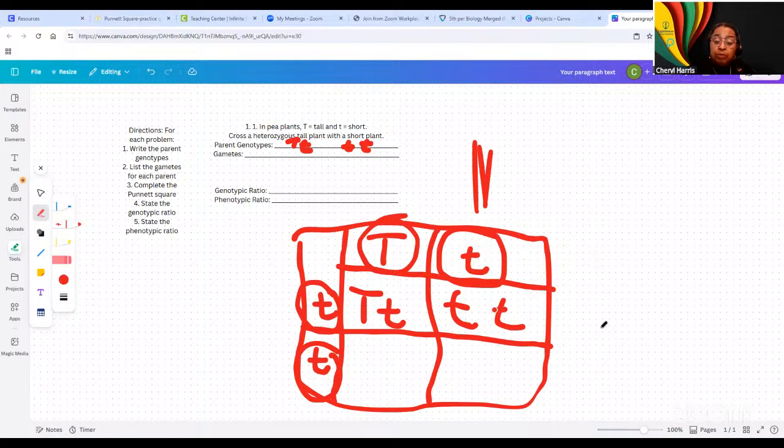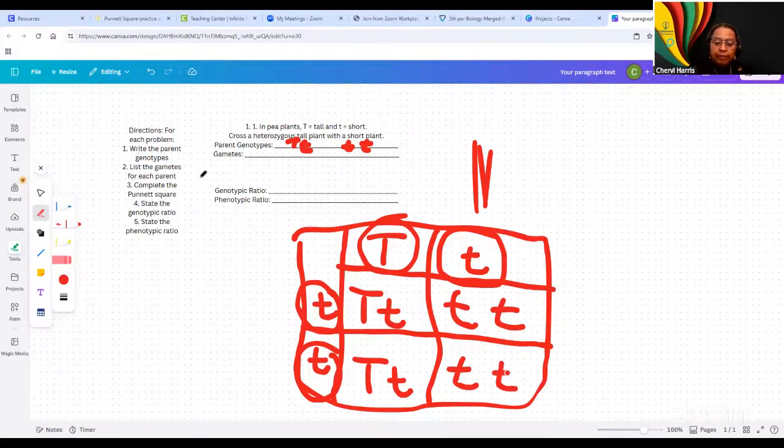Now I'm doing question number 1 for you, so you should be doing it with me. Next box: this T up at the top and this T on the side are our gametes, and they come together to form a big T and a little t. Then we have this one up here at the top and this one on the side, so that's a little t and a little t.